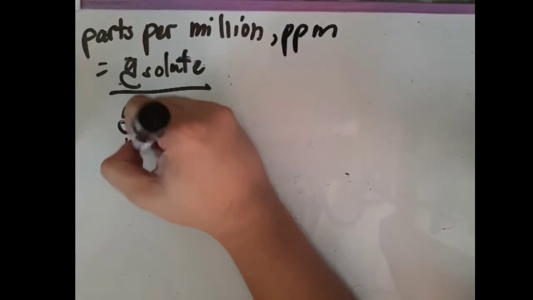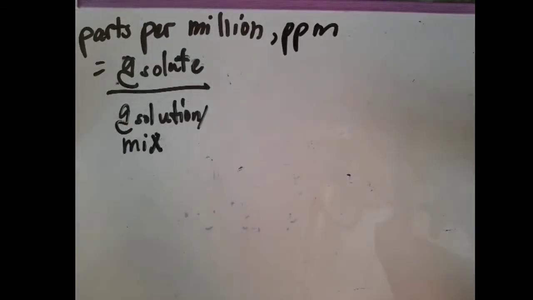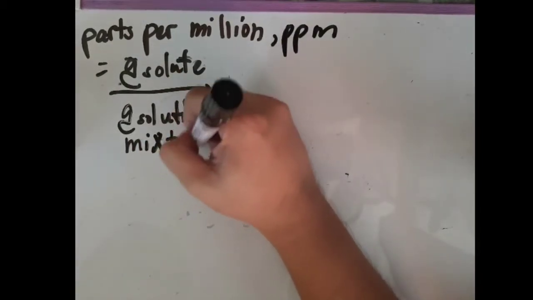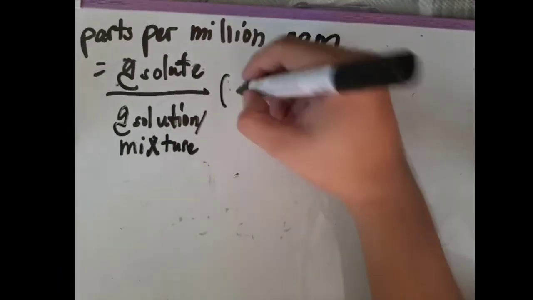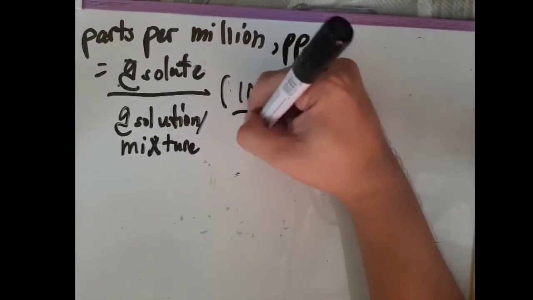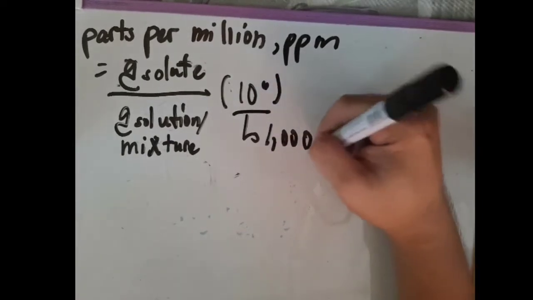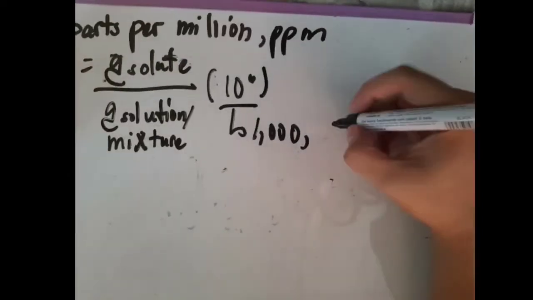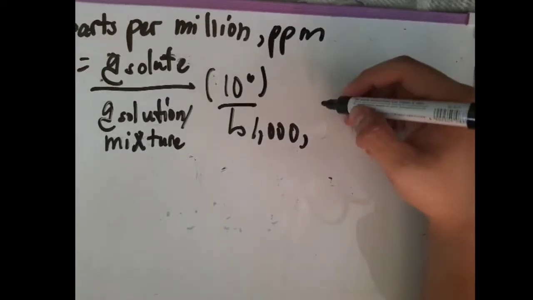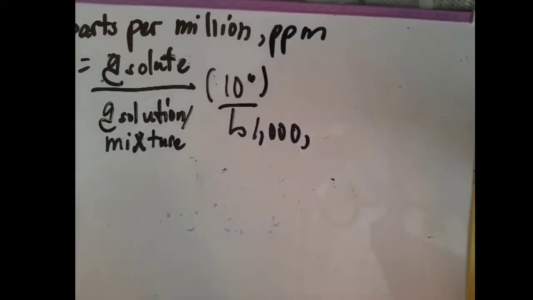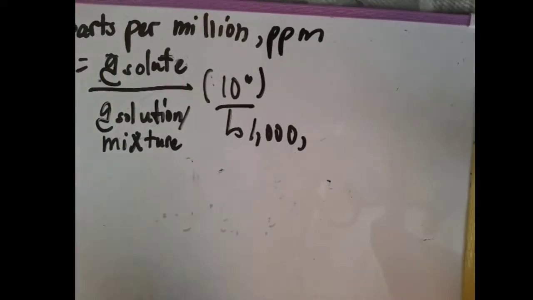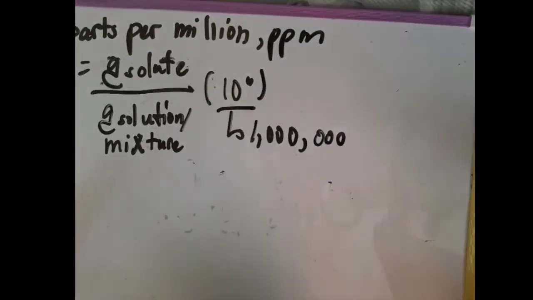It could be a solution or any other form of homogeneous mixture, multiplied by 10 to the 6, or 1 million. By that, now you know why it is named parts per million, because you want to know how many grams of that solute are present in, let's say, 1 million quantity of that solution. So it's just simply that.